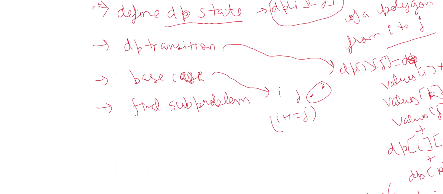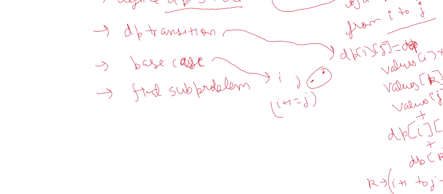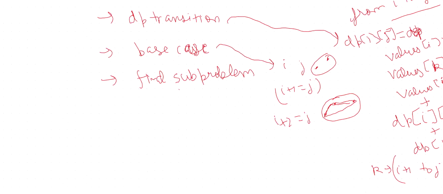And let's say I plus 2 is equal to j, which means that there are 3 points. So you know the answer of it. It's just the multiplication of those 3 points.